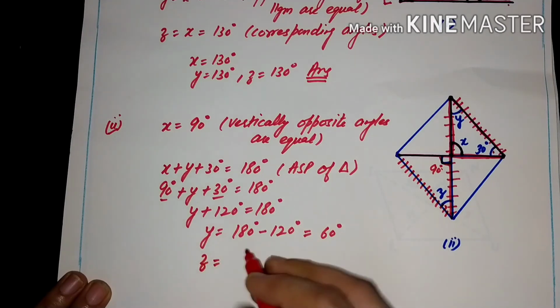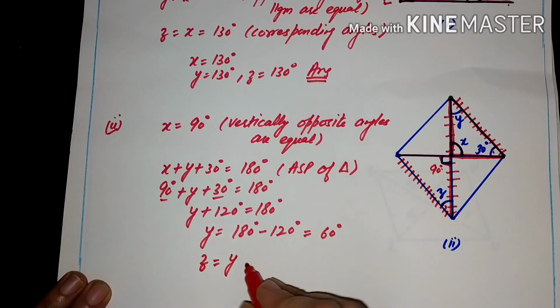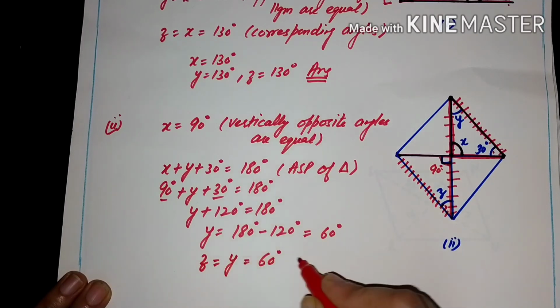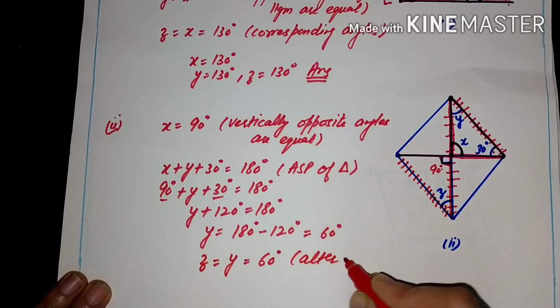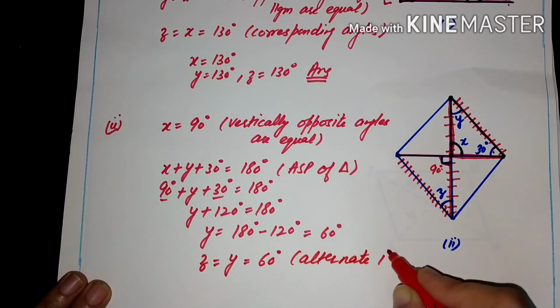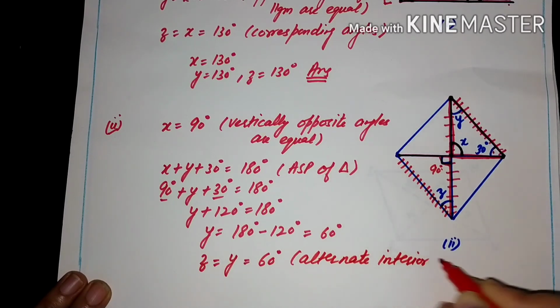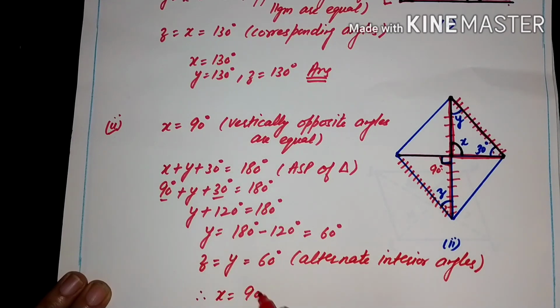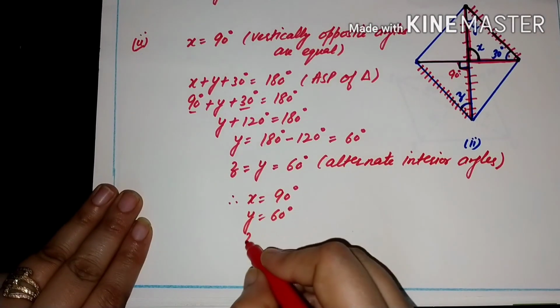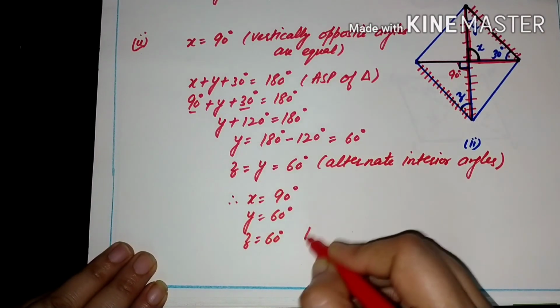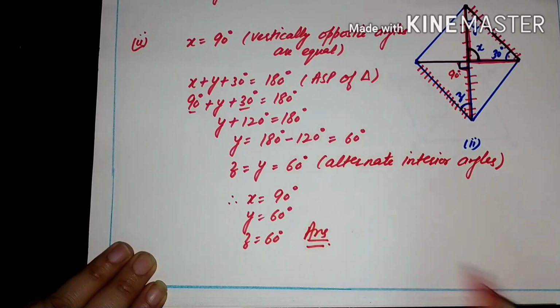So z will be equal to y, which is equal to 60 degree, because they are forming alternate interior angles. So therefore the value of x is 90 degree, y is 60 degree and z is also 60 degree. So that is our answer.